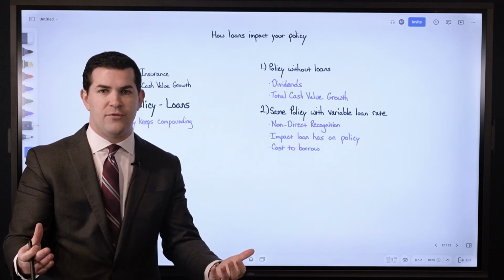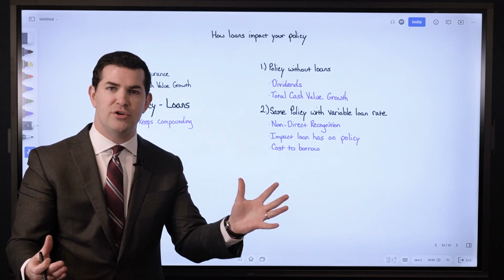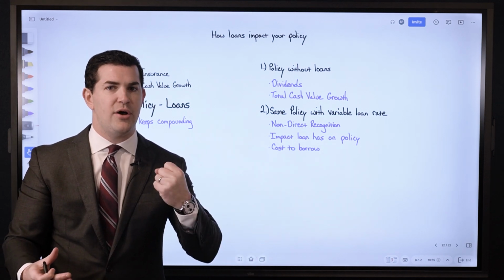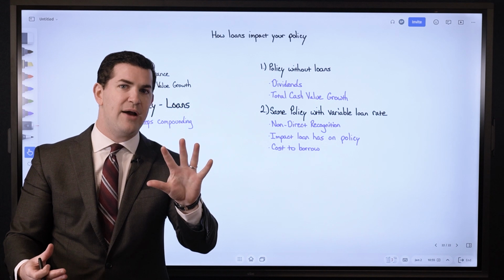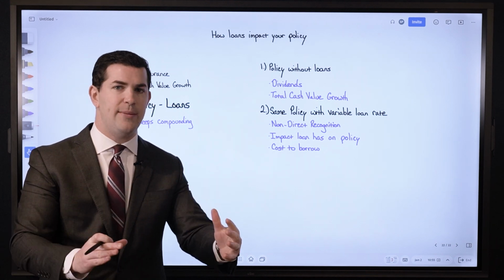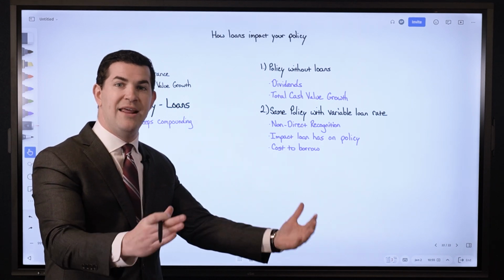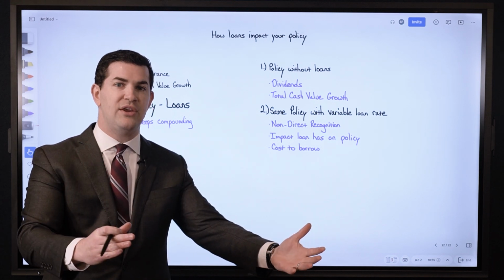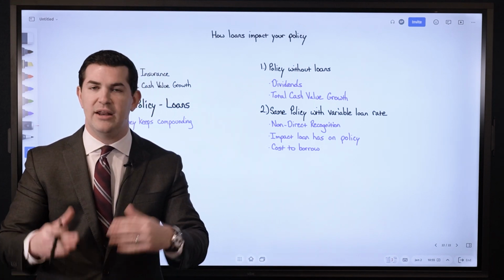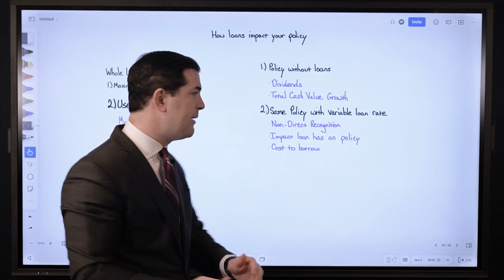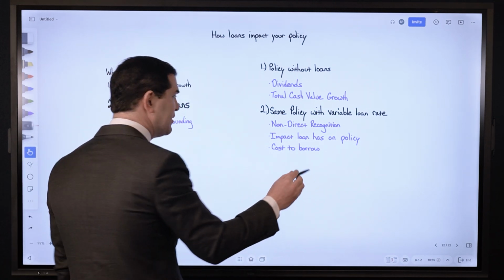So what it means is if you're earning $5,000 in interest for the year, if you take a policy loan, you're still going to earn $5,000 in interest. It's the exact same number, regardless if you don't have any loans outstanding against your policy or if you have the maximum loan outstanding. The insurance company pays you the same amount of interest. You'll see that when we pull up the model.